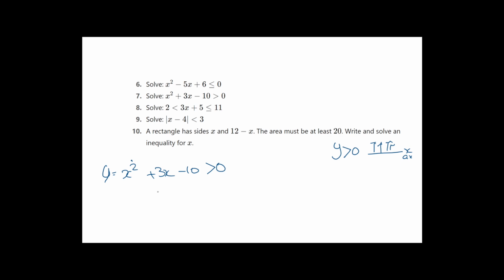So let's see if we can factorize it. It has two factors, -5 and +2. So we could factorize it: x minus 5, x plus 2 is greater than 0. That gives us our 2 marks where it crosses the x-axis.